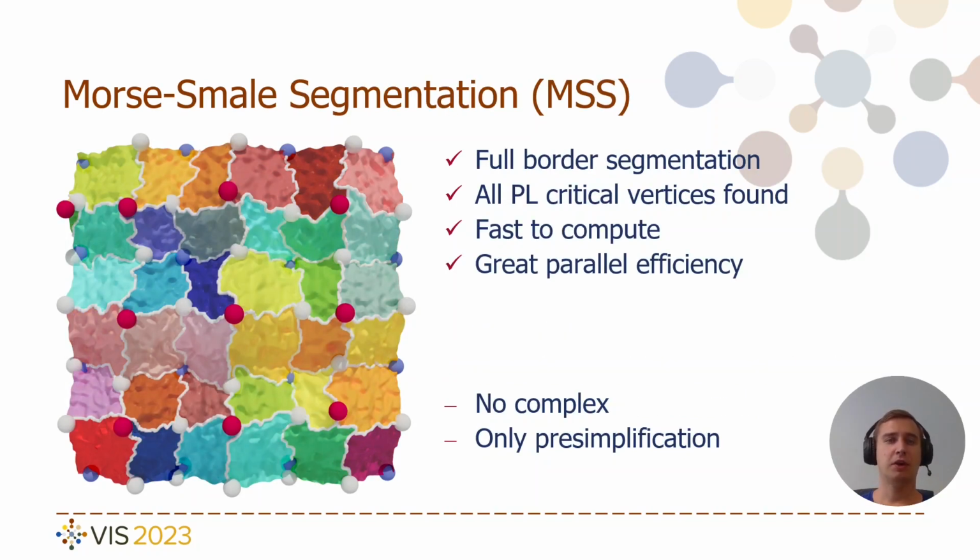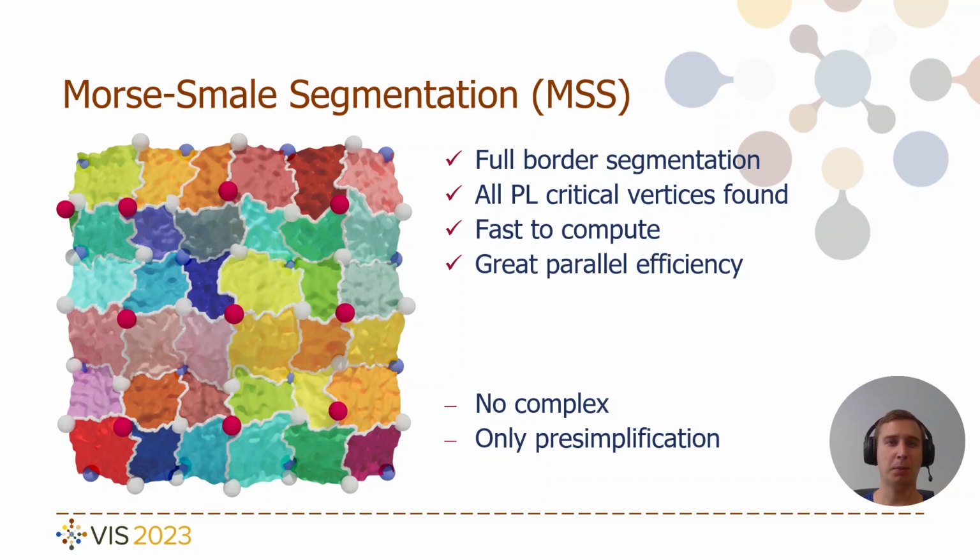So now that we talked about the Morse-Smale complex, let's look at what the benefits of the Morse-Smale segmentation are and what its downsides are. First of all, we get the full border segmentation, so the whole domain is segmented instead of just the center region with some border regions missing out.